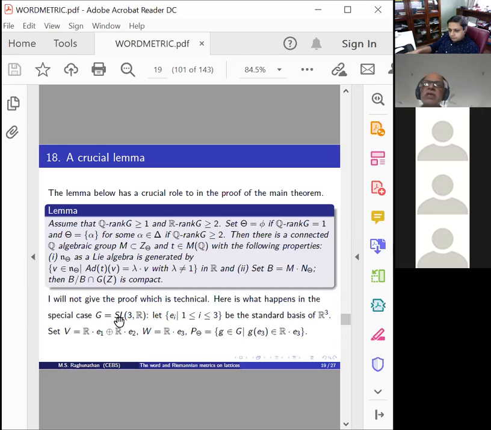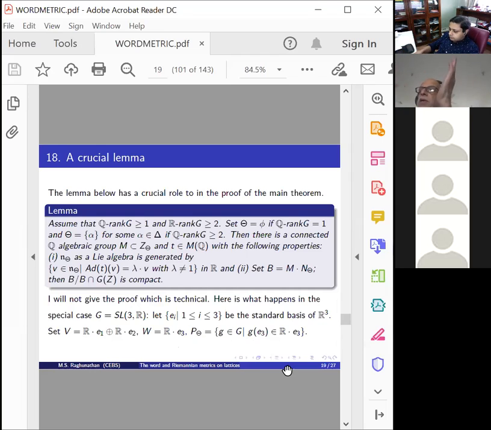Here is what happens in the special case when G is SL3R. Pi is the standard basis, E_i for 1 to 3, and set V equal to RE1 plus RE2, the two-dimensional space spanned by E1, E2. And take P theta to be the set of g in G such that g stabilizes the one-dimensional space generated by the third vector.